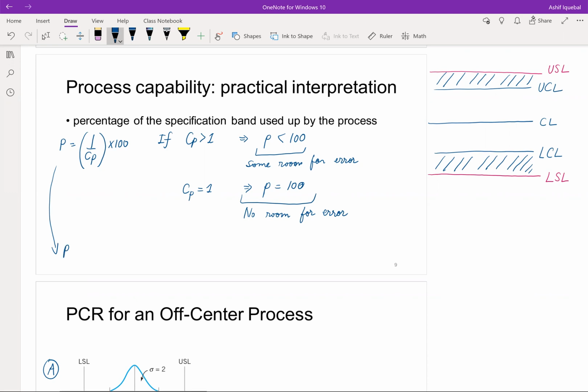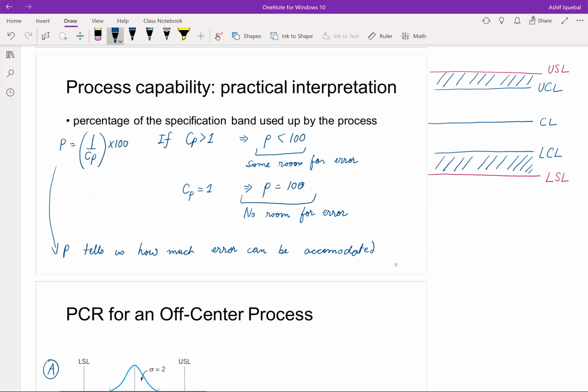P captures the extra room. Let's rewrite this. P tells us how much error can be accommodated.